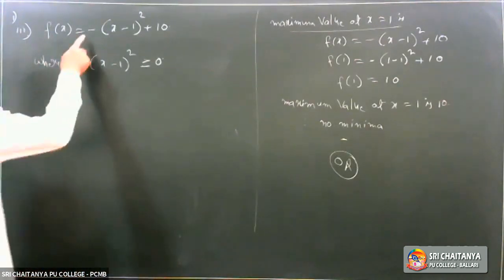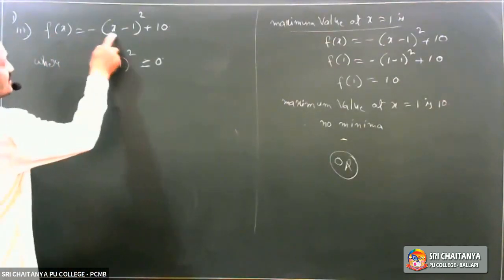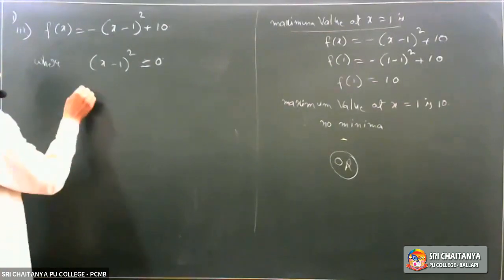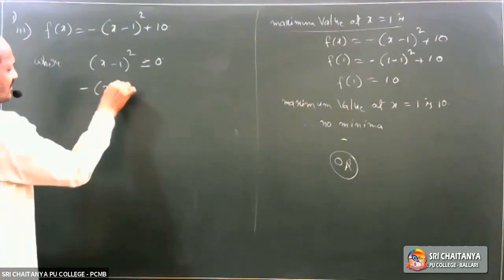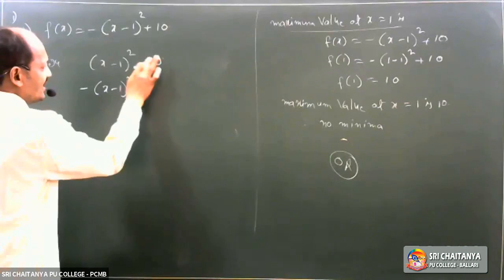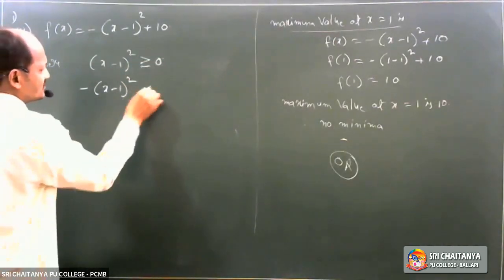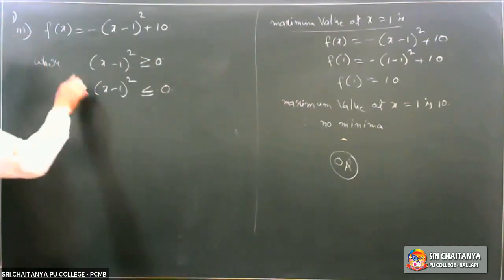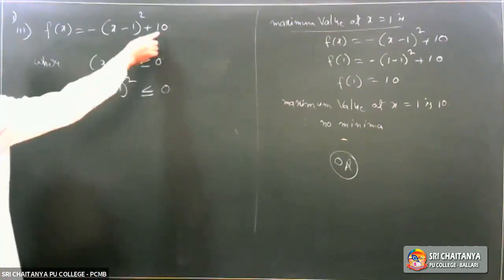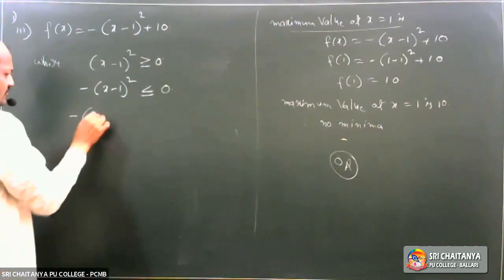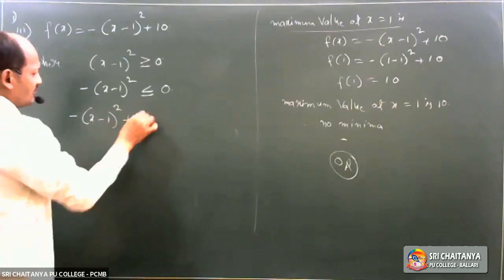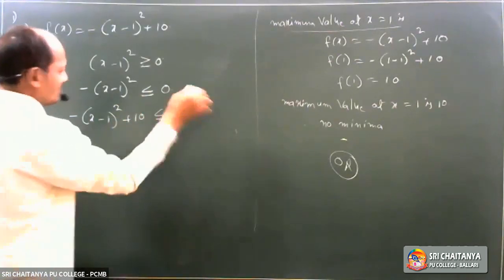But the given function has minus of (x minus 1) whole square. So in minus of (x minus 1) whole square, the greater than changes to less than, because of the opposite sign. Plus 10. So minus of (x minus 1) whole square plus 10 is less than or equal to 10.